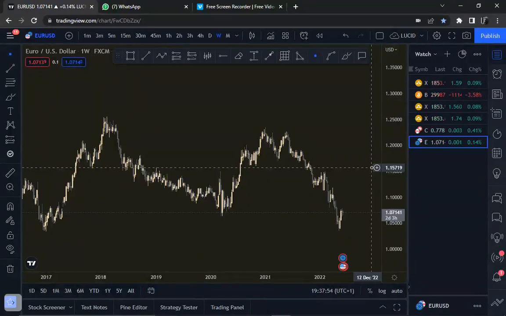When there is a huge stack of orders, that's when these order blocks are formed. So we have normal supply and demand zones and we have order blocks.